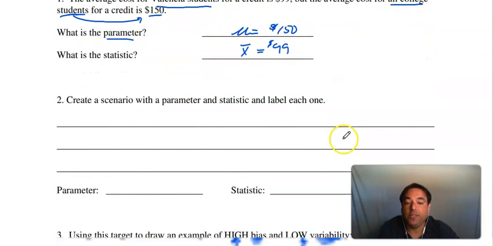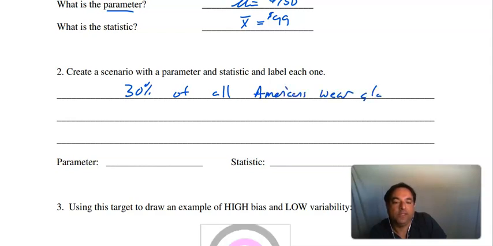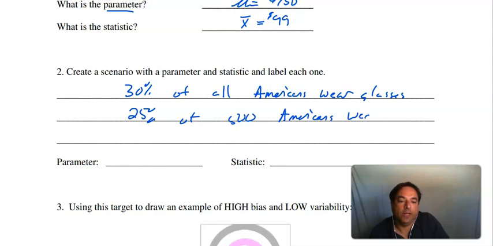Now, if I want to make up another example, like in question 2, I could say 30% of all Americans wear glasses. And then I can say 25% of 500 Americans wear glasses.